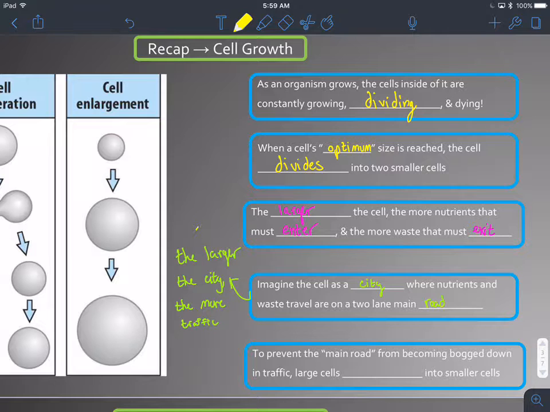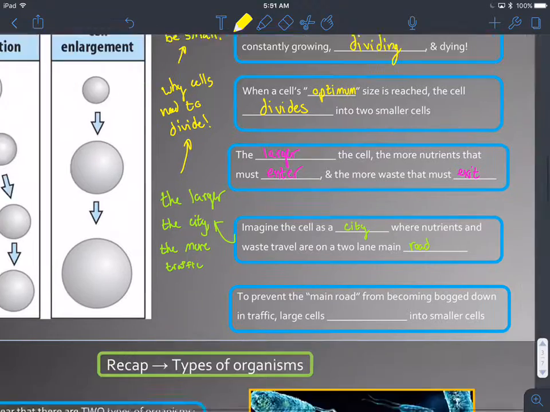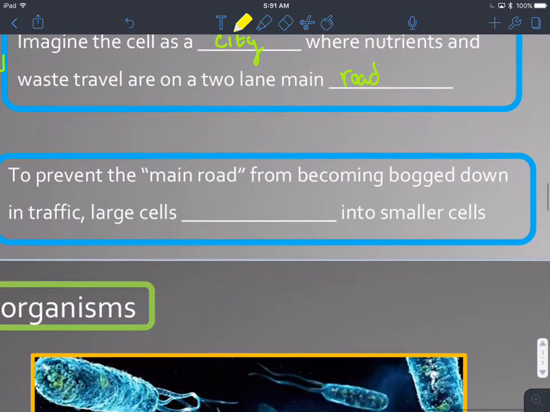And this is why cells need to divide, right? Because they want to be small. Less traffic, okay? And so to prevent this main road from being too bogged down in traffic, cells divide into smaller cells. Okay, so that is what we learned last time.